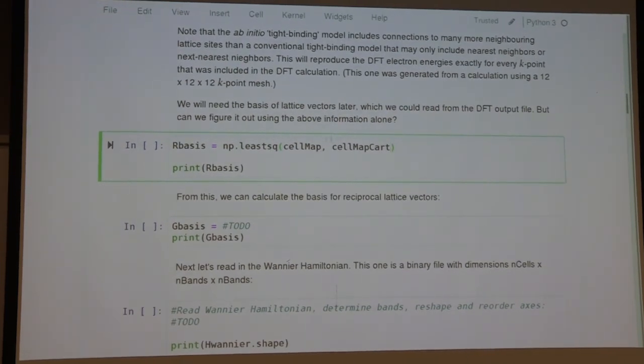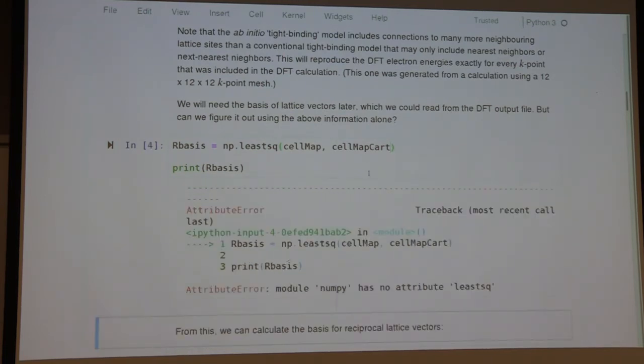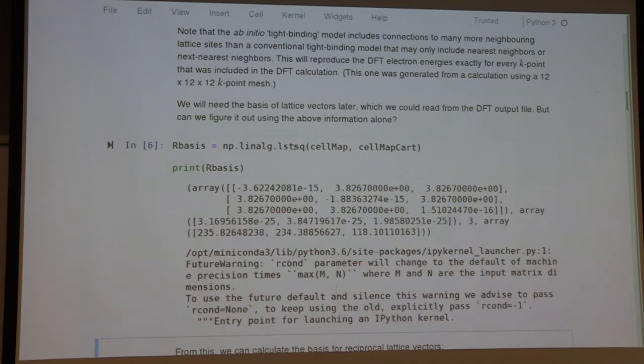So this is going to do the least squares problem for each column in cell map cart separately. So this should already do what we want. Now it's linalg.lstsq. It's lstsq, right? Isn't it? Just suppress that warning and I'll just look at the first entry.